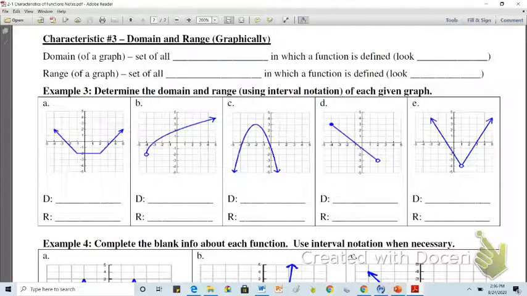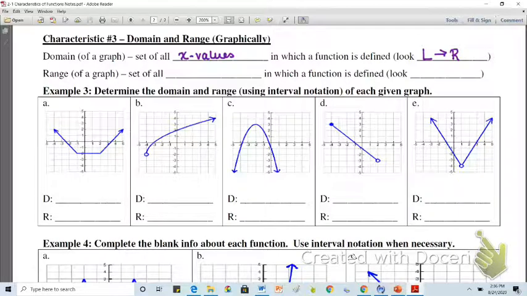This is a concept that we'll pretty much hit every single unit that we do all year long. So remember, your domain is your set of all your x values in which a function is defined, and we are going to look left to right.